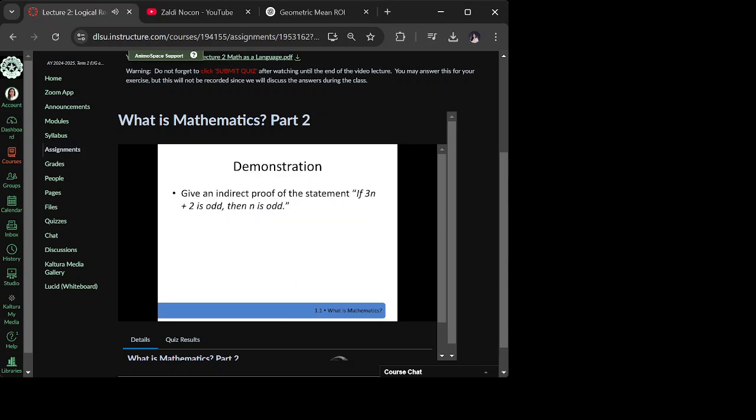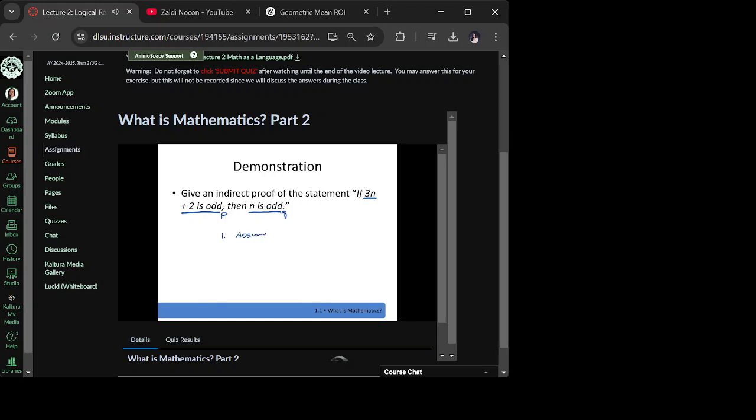For our fourth and last example, we are being asked to give an indirect proof of the statement: if 3n plus 2 is odd, then n is odd. 3n plus 2 is odd is P. N is odd is Q. Step 1.